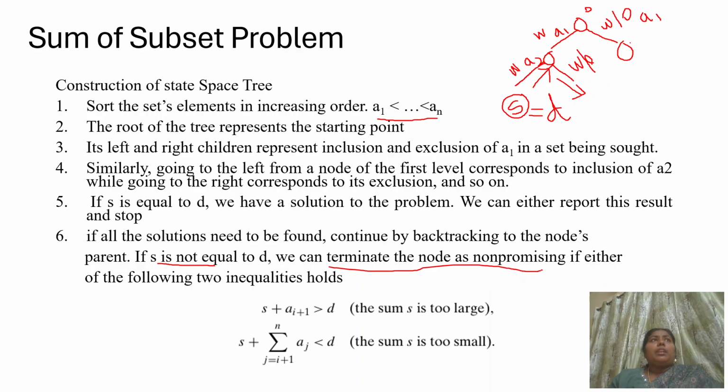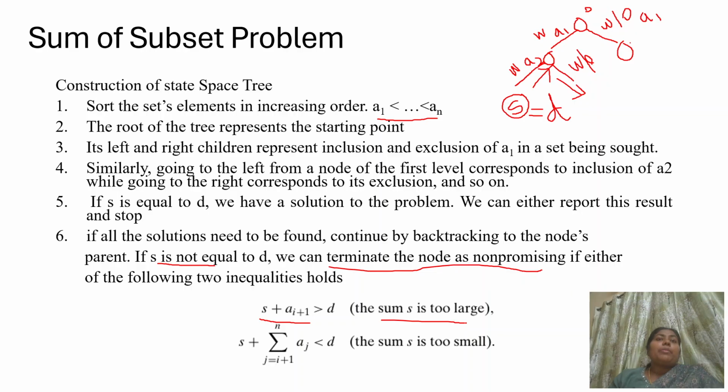Why is this termination done? Here we have to check two inequalities. I check S plus A(i+1), that is the next element in the set. If that is greater than D, we are not able to find a solution, that is, S is too large.